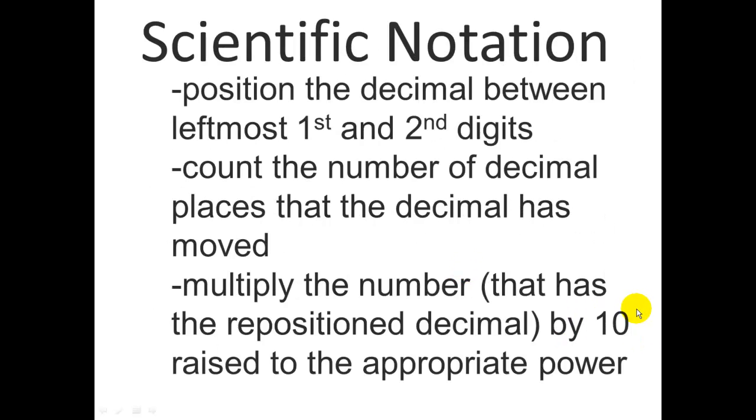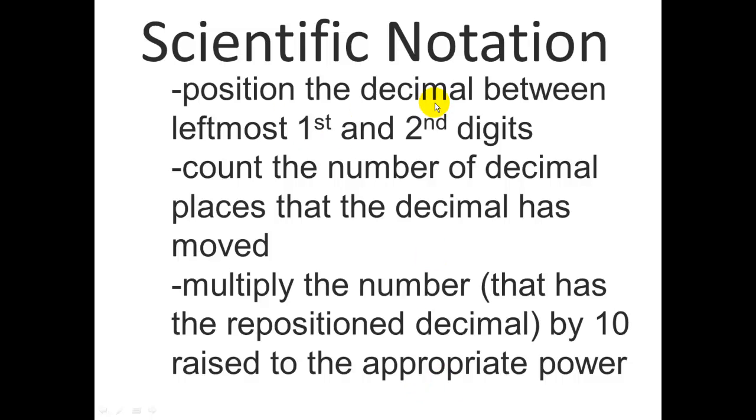Because scientific notation has a bearing on significant figures, and significant figures also have a bearing on scientific notation, we're going to mention scientific notation briefly here. The way we achieve scientific notation is we take the number as it was written in standard notation, and we convert it into scientific notation by repositioning the decimal.